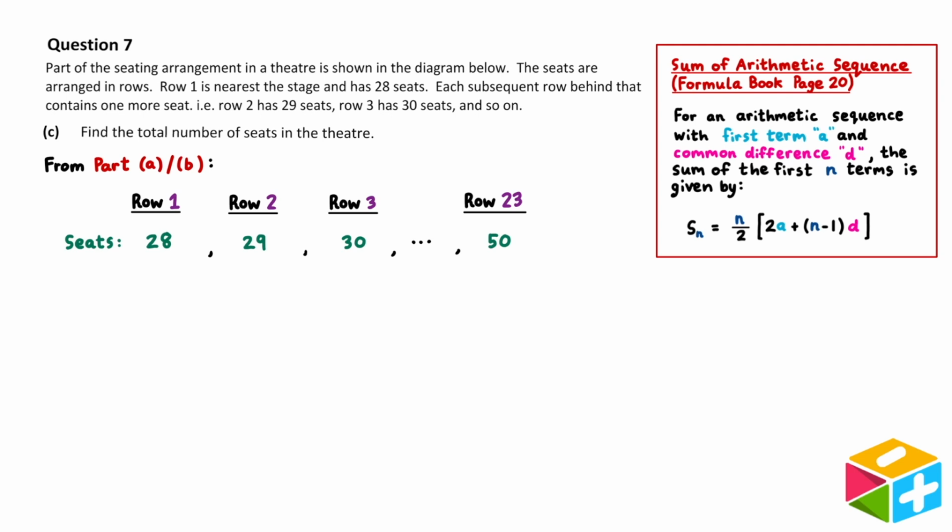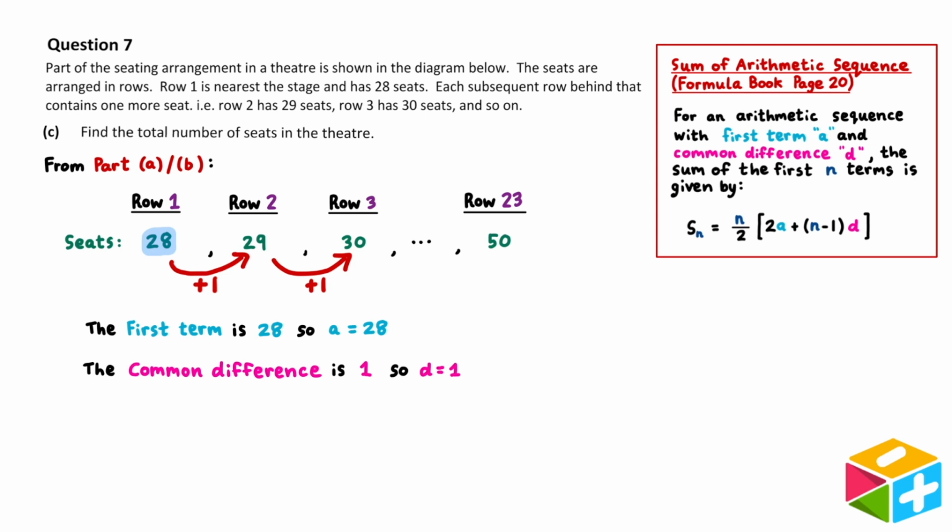a refers to the first term. In our sequence, the first term is 28, so a is equal to 28. d is the common difference, and this refers to the change needed to get from one term to the next. In our sequence, this change is plus 1, so our common difference is d equals 1.